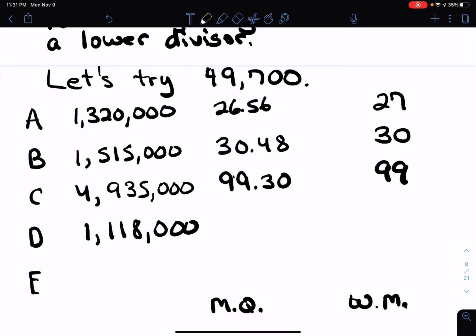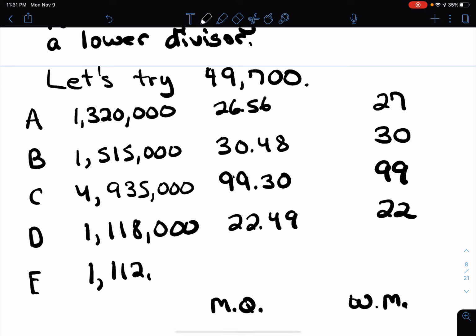We get 22.49. Which rounds to 22. I carried at least 2 decimal places. That'll make it more accurate for you. 1,112,000 is in the last one. Divide that by 49,700. 22.37. So that rounds to 22.